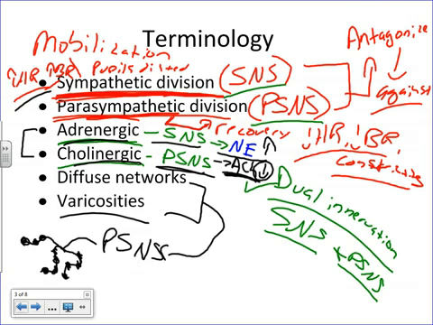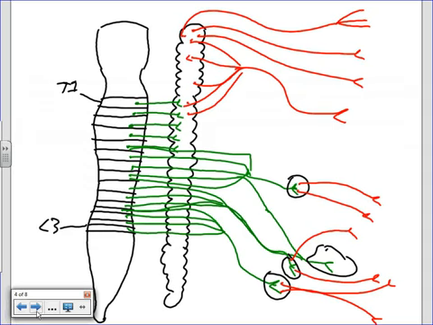So next, let's talk about the layout of the two divisions, the sympathetic and parasympathetic nervous system. This would be the sympathetic nervous system, the SNS, and you have to pardon my art here, folks.